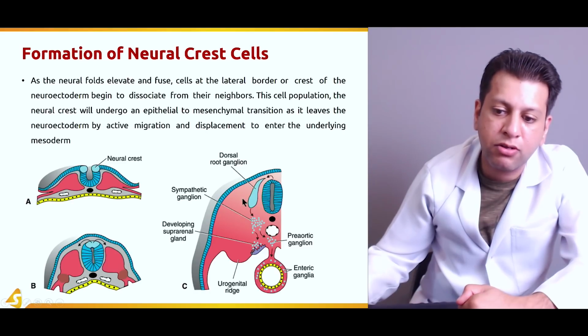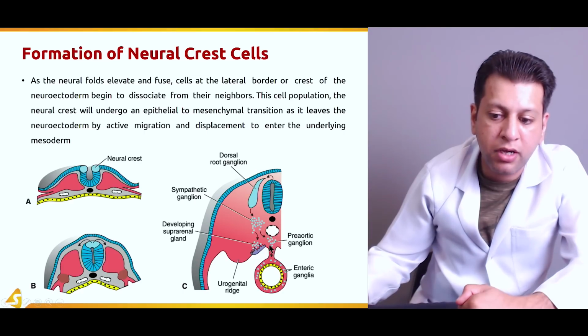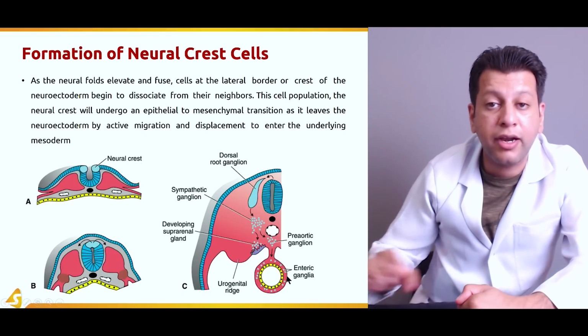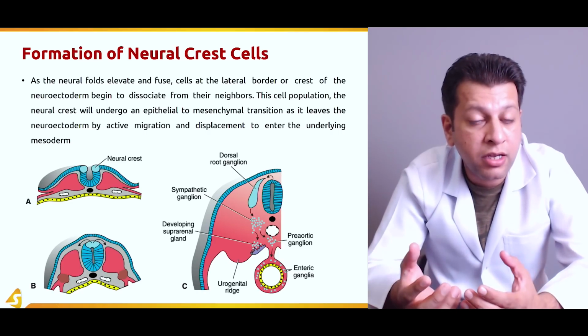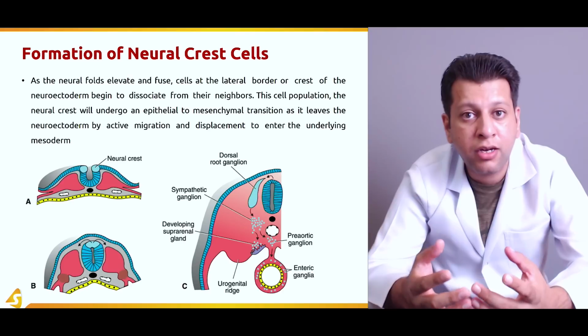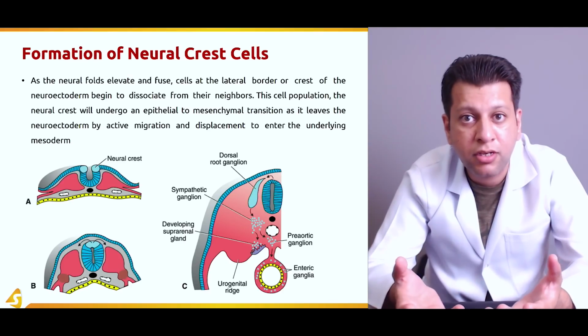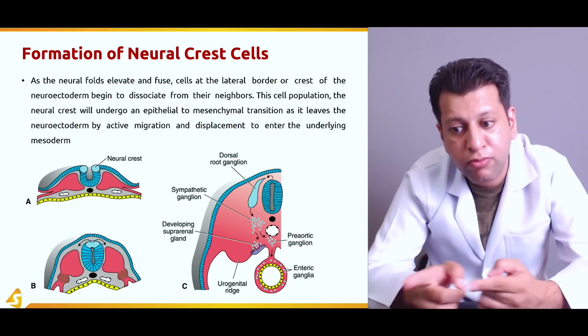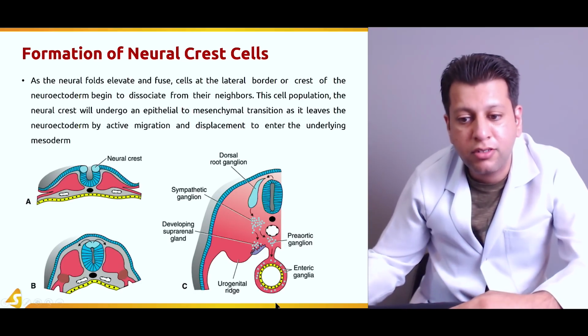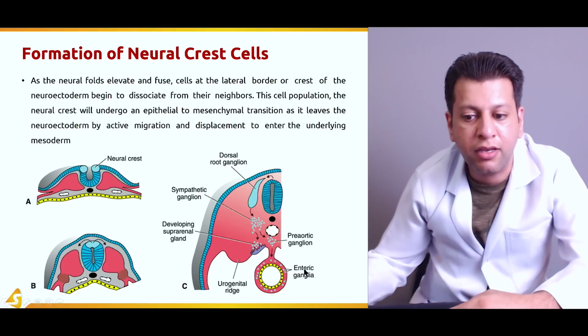Here they form the dorsal root ganglion, then they further migrate to form sympathetic and parasympathetic ganglia. They also migrate, as we know the endoderm will form the epithelial lining of the gut, but there is the mesenteric and Auerbach plexus which is present. How is that plexus nerve tissue formed? It is formed from the migration of these neural crest cells. These cells migrate around the endodermal tissues and form the enteric ganglia.